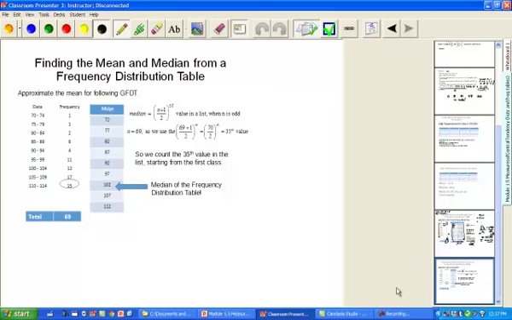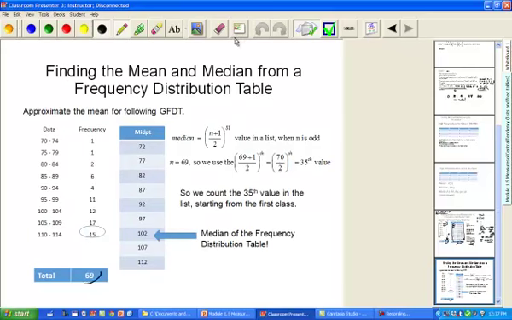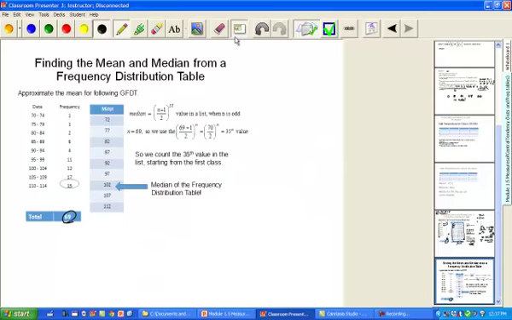The median is a little bit tricky, but it's doable. So if you know that there's 69 values, you work your way backwards. So we would go 69, add 1, divided by 2, that would be the 35th value in the list.